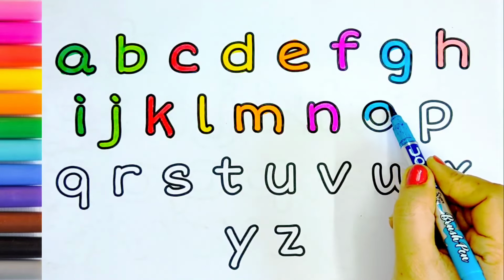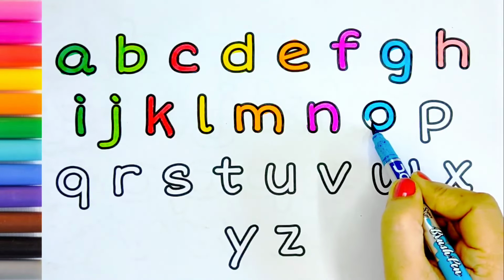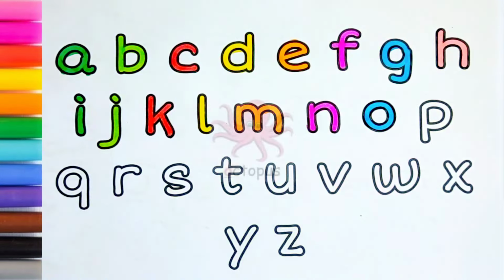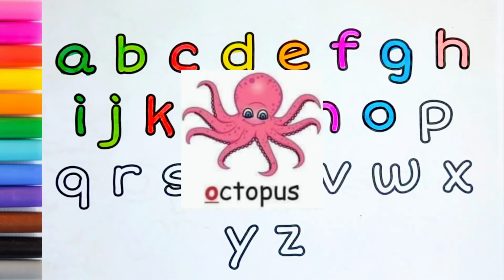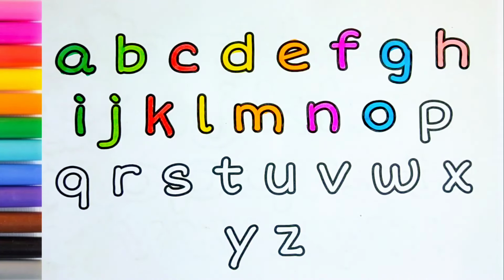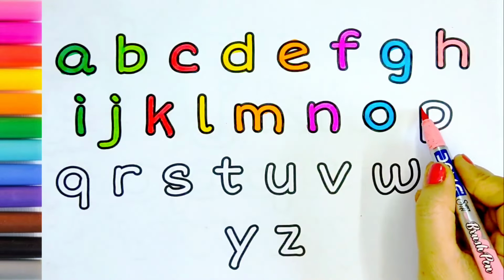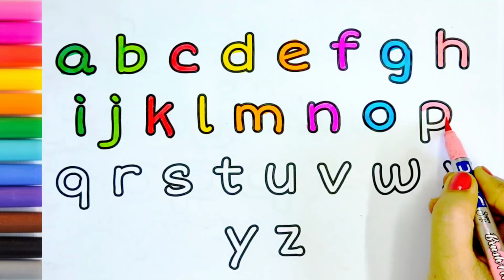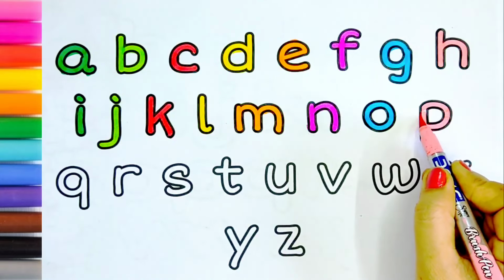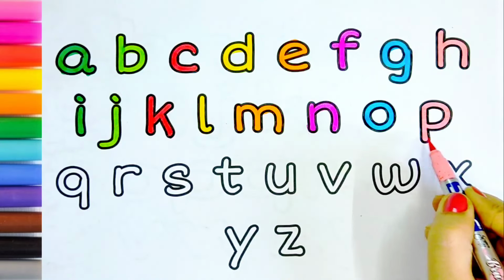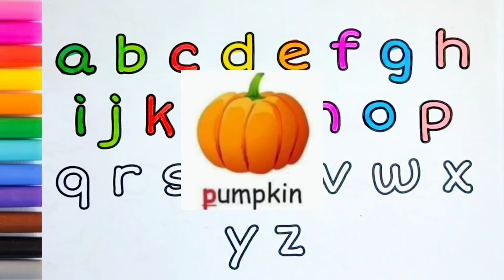O. O for octopus. Peach pink color. P. P for pumpkin.